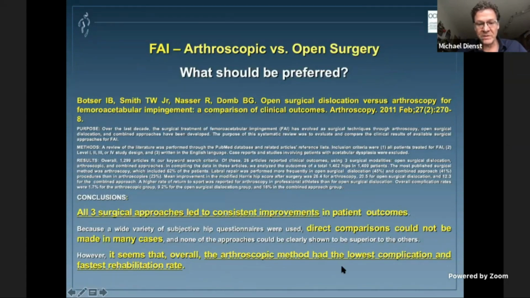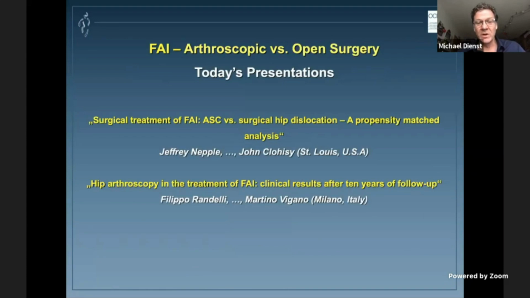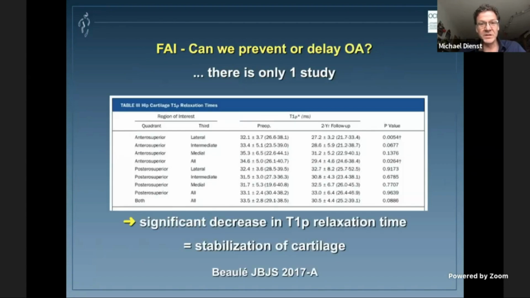This meta-analysis has shown that probably the only difference is that the arthroscopic method has the lowest complication and the fastest rehabilitation rate. Also, we have two presentations today about surgical hip dislocation versus arthroscopy and long-term results from Milano, Italy.